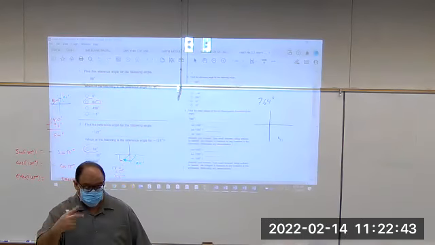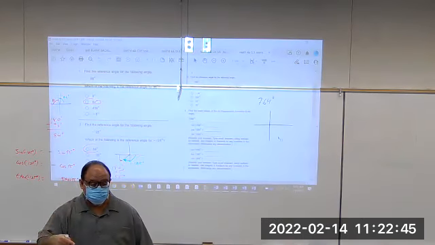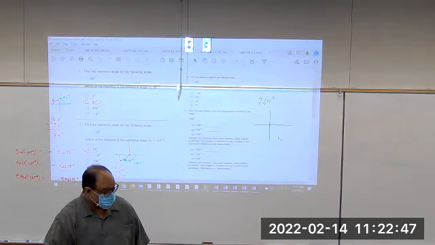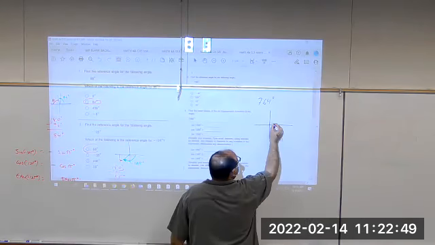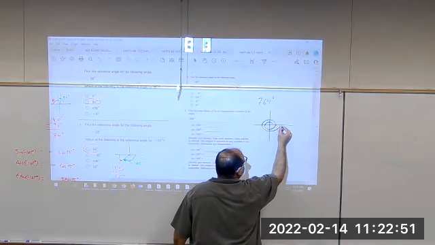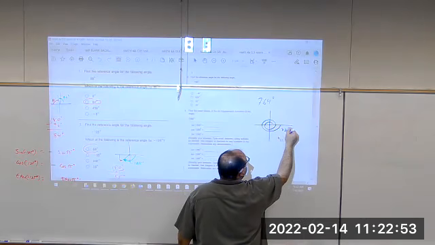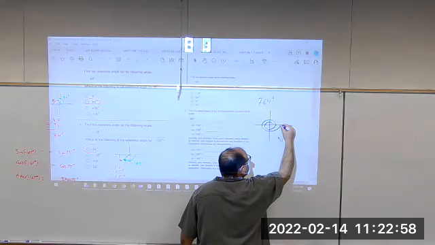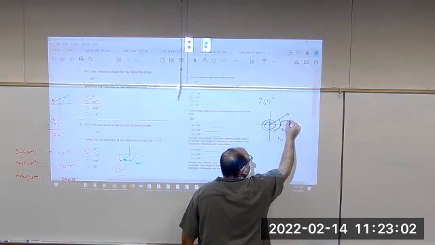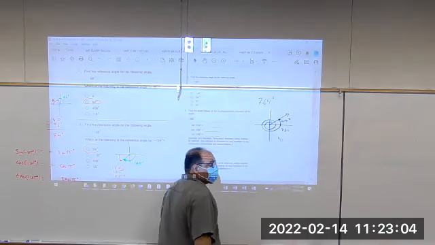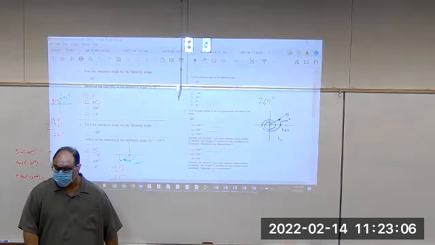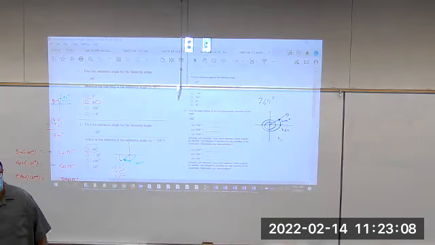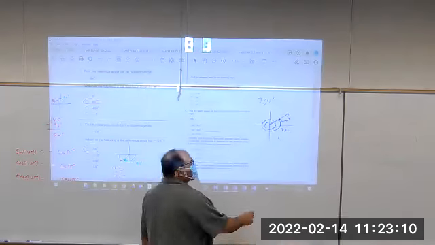Another 360 is 2 revolutions. 360 plus 360 is 720. 360, 720. 44 degrees is just another 44 degrees past the x-axis. And that'll give me 764 degrees. Not bad.